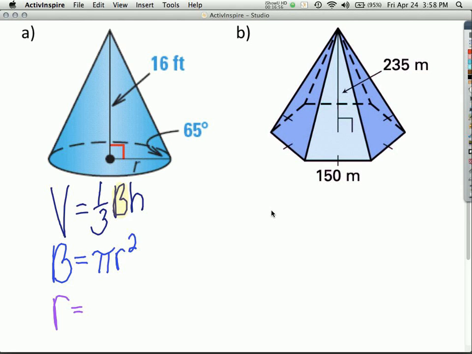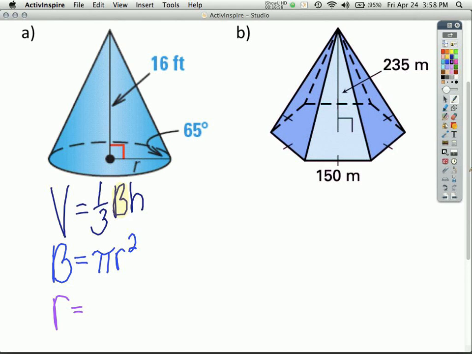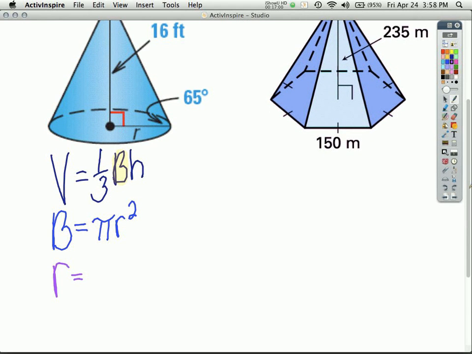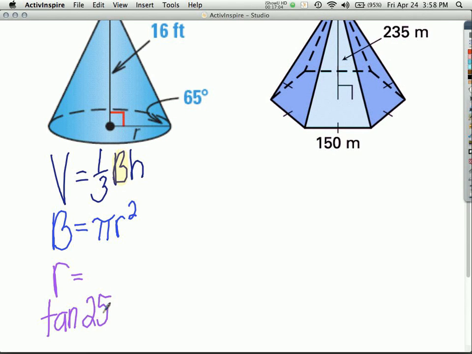Okay, so you did tangent, let me go down a little bit. Tangent of 25, you said, equals r over 16. Anyone do something different? 3 people?